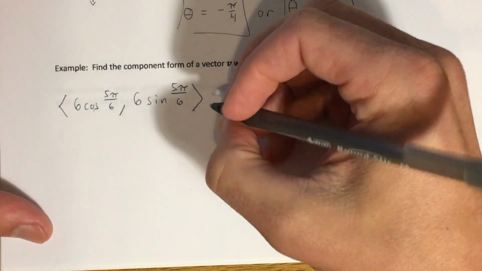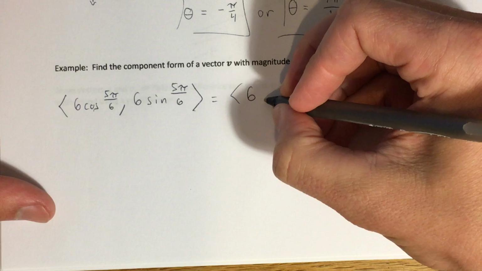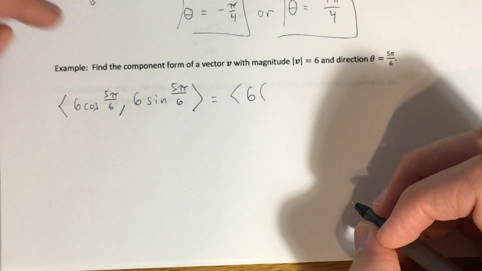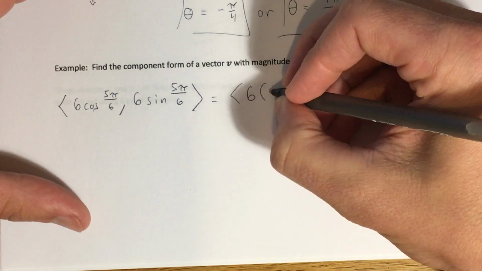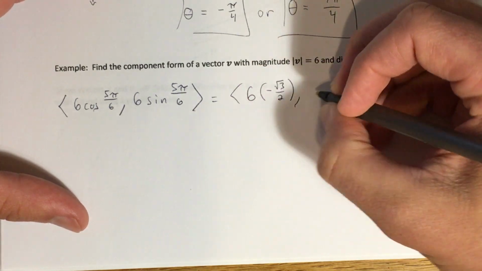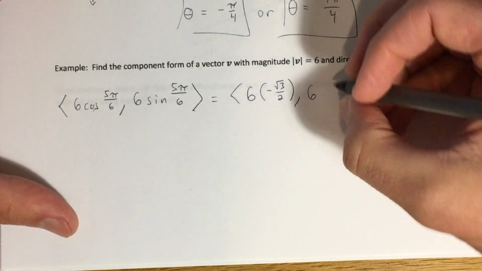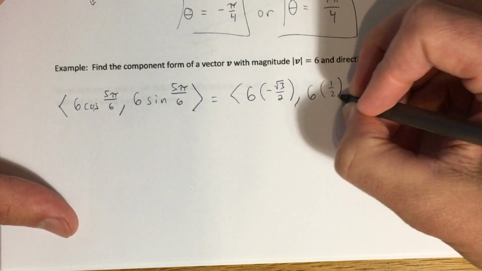Okay, this would be equal to 6 times, so this second quadrant cosine is going to be negative here, and the cosine of 5 pi over 6 would be negative root 3 over 2, and then 6 times sine of 5 pi over 6, sine is positive there, and it's equal to 1/2.